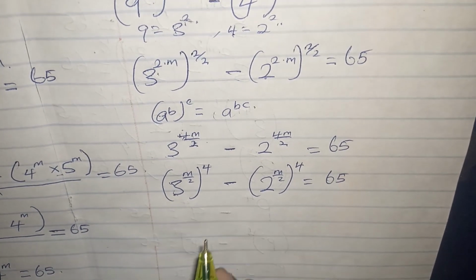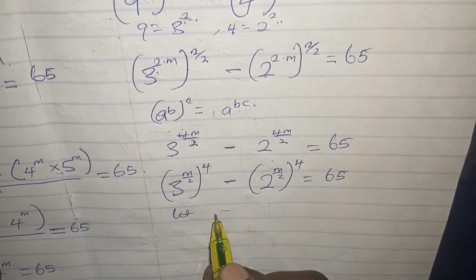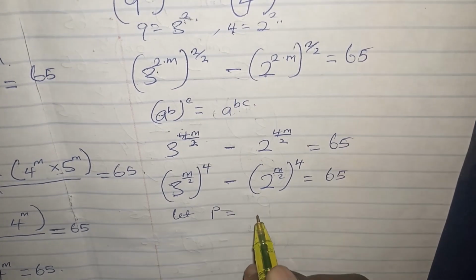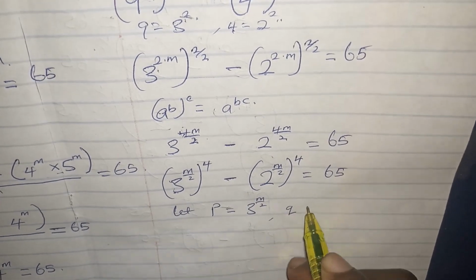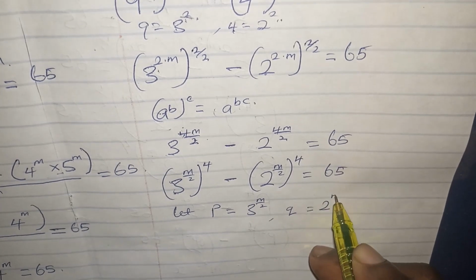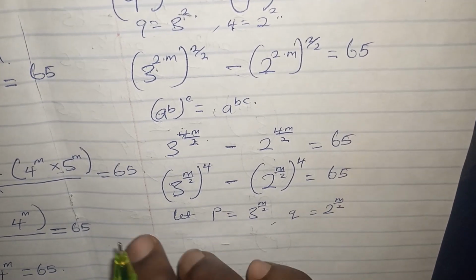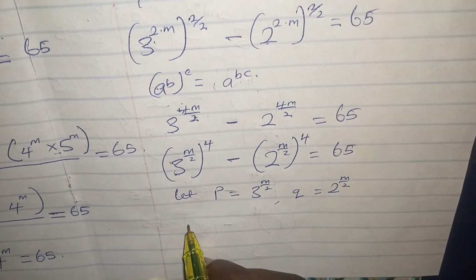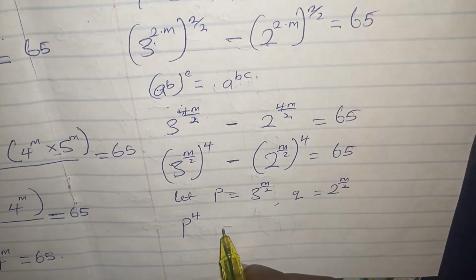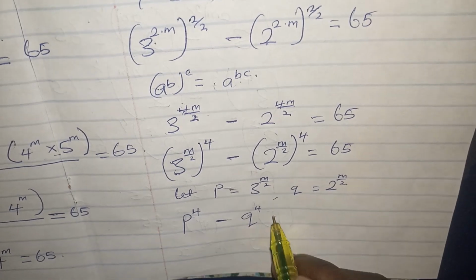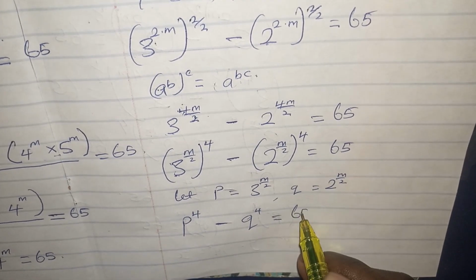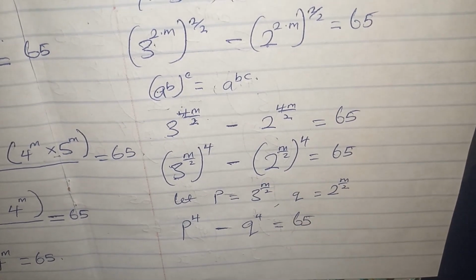So what are we simply going to do? Let p equal 3 to the power of m over 2, and q equal 2 to the power of m over 2. If we write this again, we have p to the power of 4 minus q to the power of 4 equals 65.